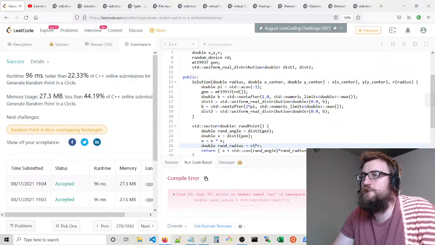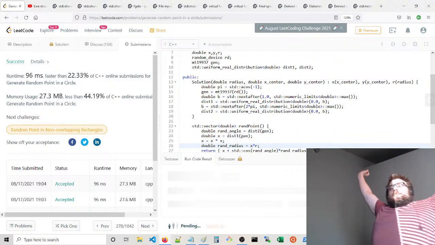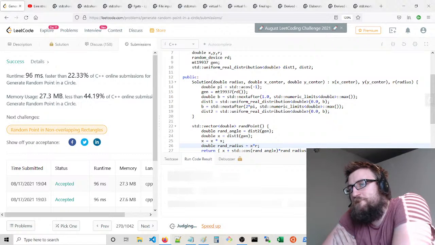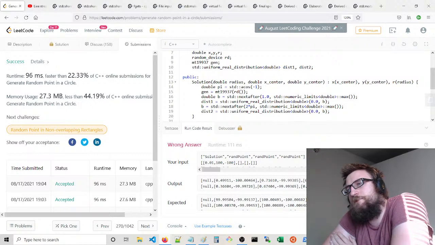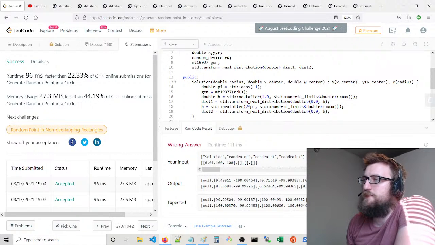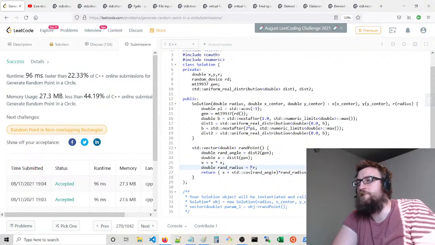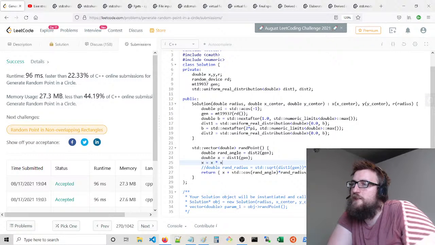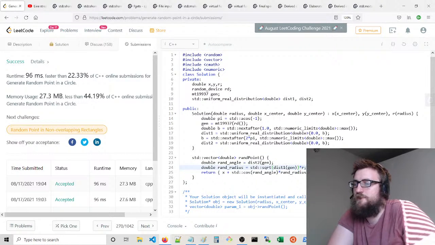How about this? What happens if you do this? Why does this feel so strange to me? Oh, it's got to be the square root. It is the square root, but why? See, explaining it is hard. That's the part I'm struggling with.